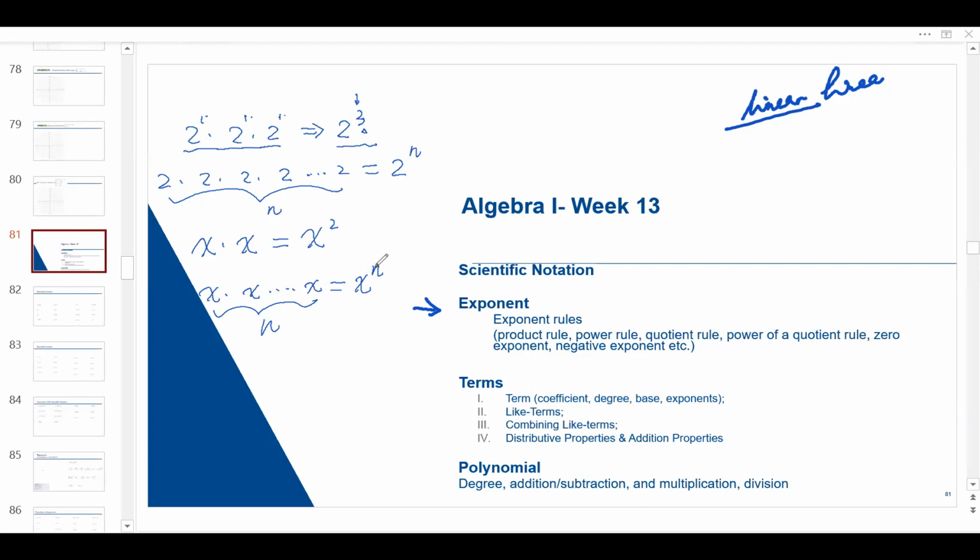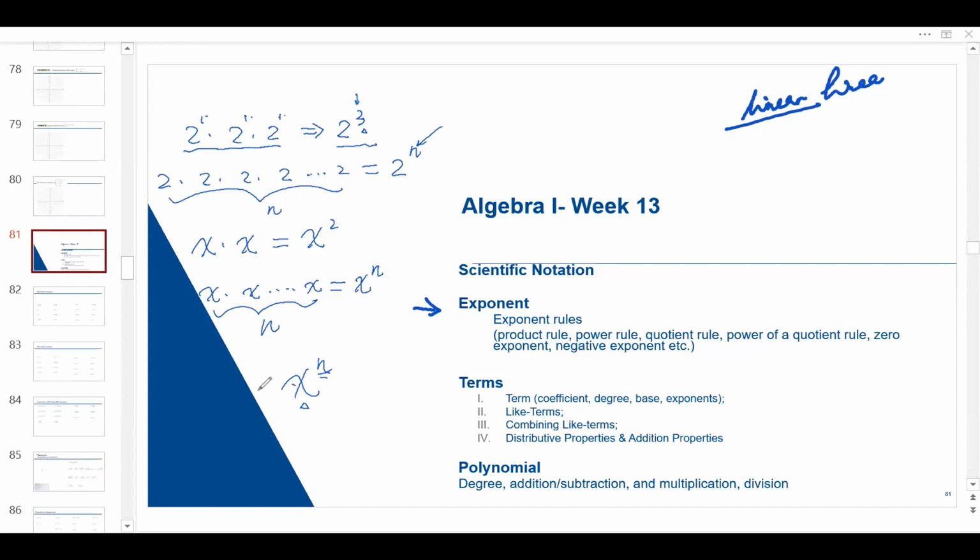Everyone can understand this one. Just like with the number 2, the product of three 2s is 2 power 3, or 2 cubed, and for n of them it is 2 power n. This number we call the exponent. So this is the base and this is the exponent.